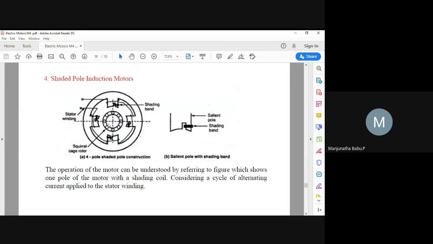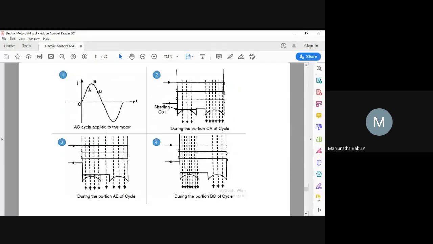Now let us see how the waveform is represented, explained with respect to the shaded pole. Let us consider diagram 1, which is a sinusoidal waveform. Here the waveform is divided into three portions.